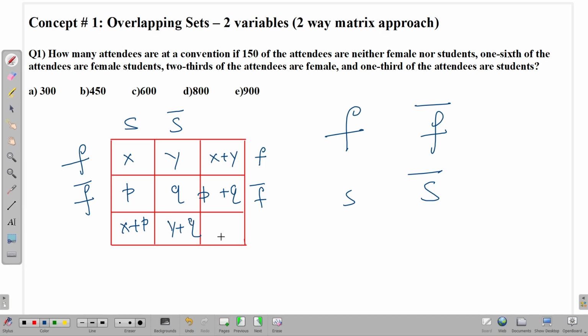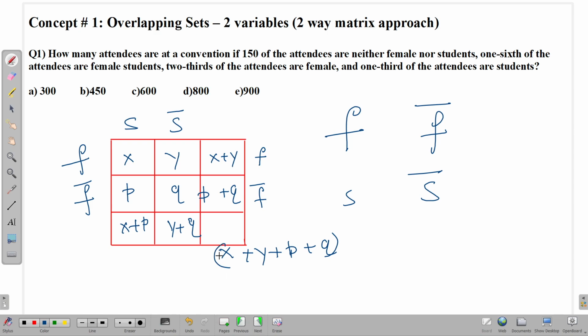Now this final cell, what does this give us? This cell gives us the total number of attendees at this particular convention, right? So what do I get? I get x plus y plus p plus q.